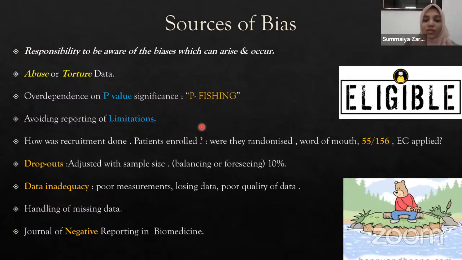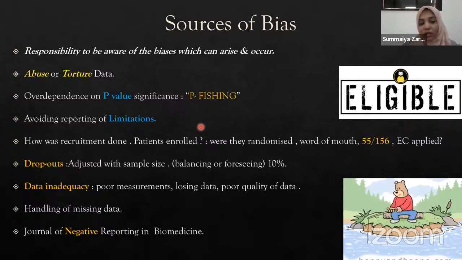And even if they have low sample size, the methodology is flawless, and the discussion on limitations and the potential causes, the sources of bias, they have described so wonderfully that there are no two opinions you can have about it.